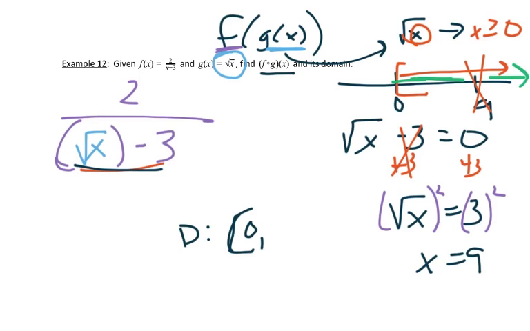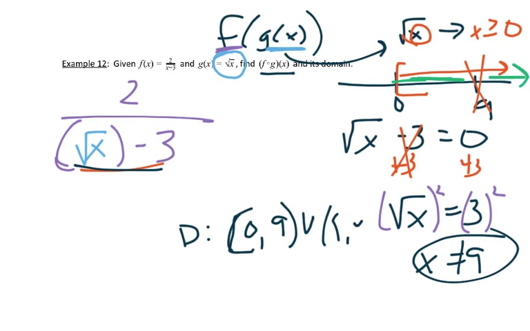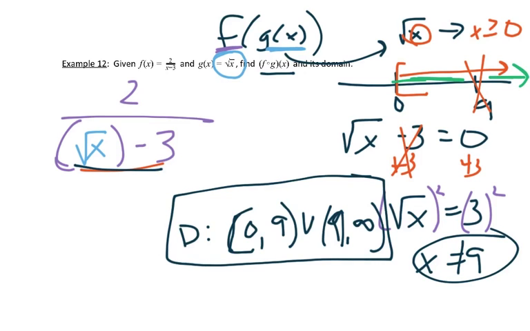So we have 0 to 9. We cannot include 9, because that's what makes the denominator equal to 0. And then 9 to infinity. That's why we crossed out that 9 there. We can't use the 9.